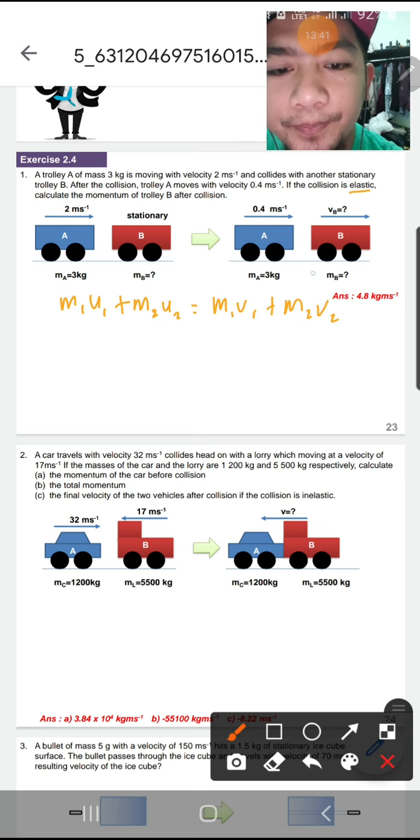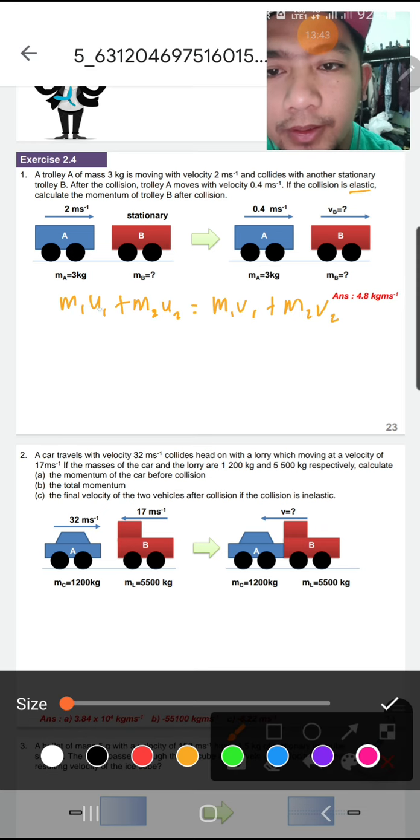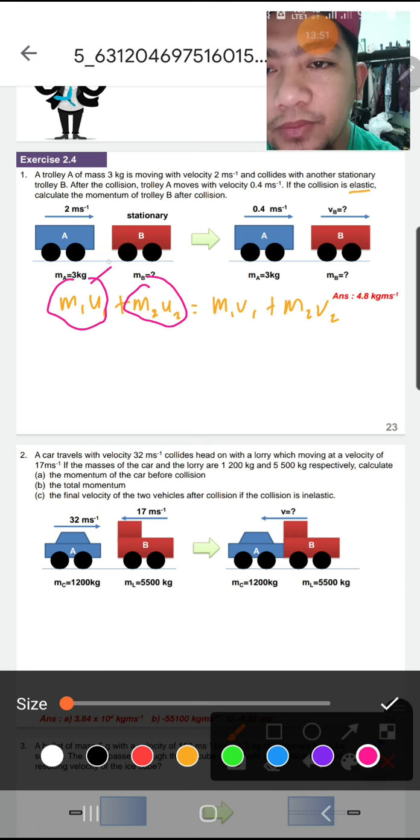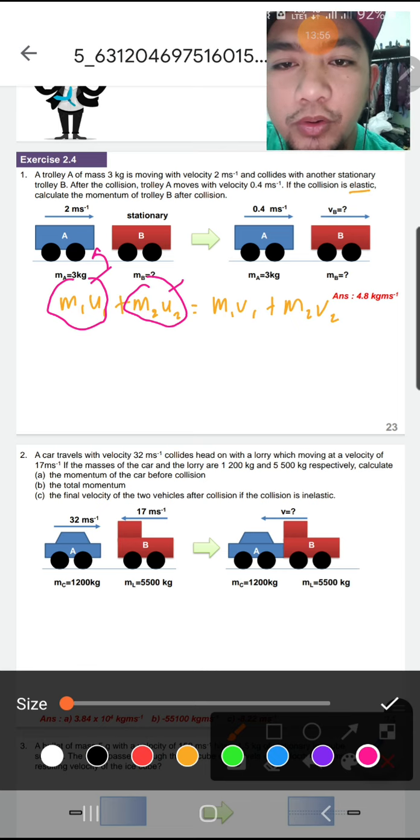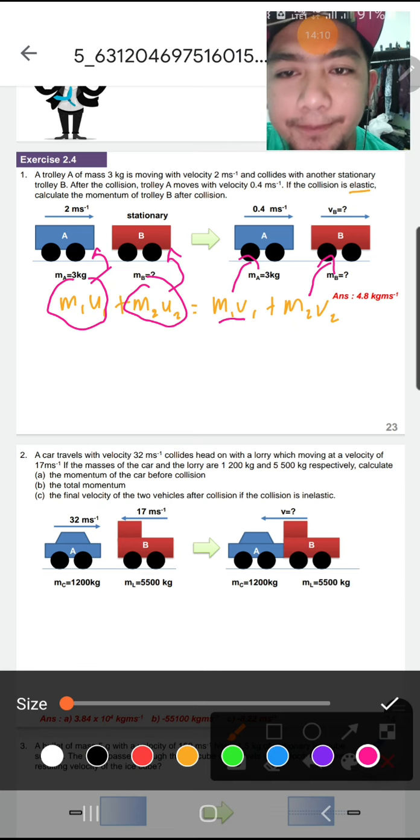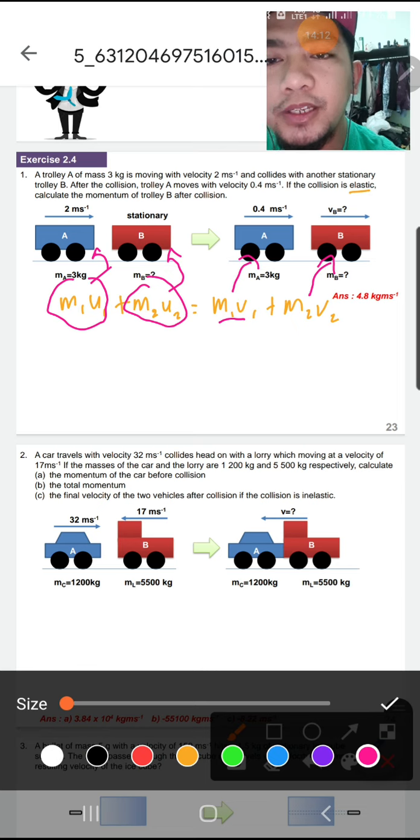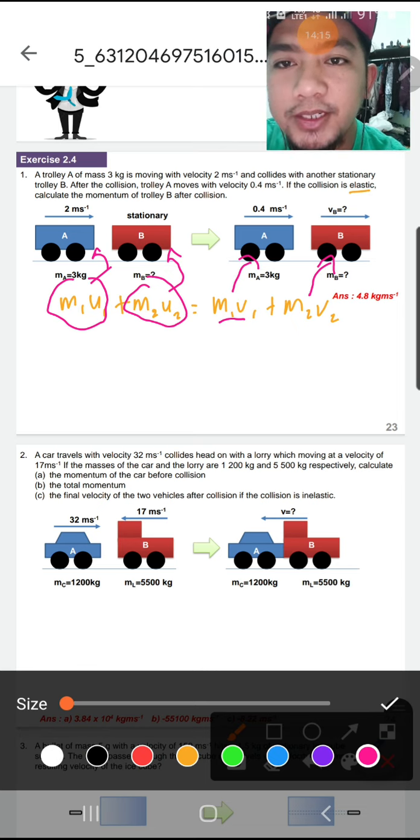Remember, m1 u1 is momentum, and this is also momentum: momentum before collision for A, momentum before collision for B, momentum after the collision for A, and momentum after the collision for B. Now the question asks to calculate the momentum of trolley B. So you have the information, just substitute into the formula.